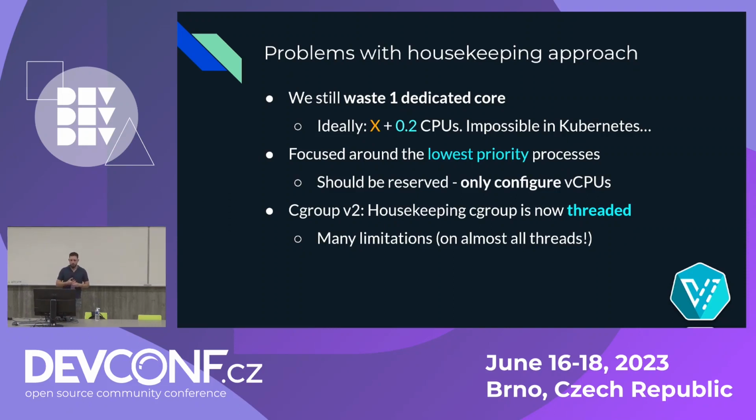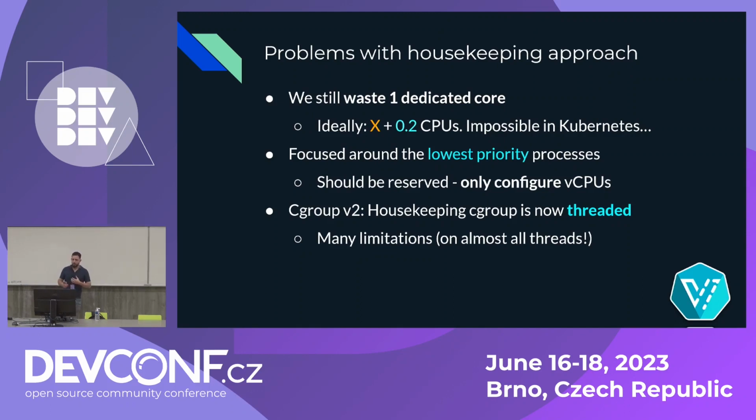Another problem, and the following two problems are more related to design than actually performance, because we're doing something twisted here. We say we need the vCPUs to run on dedicated cores, so we configure every other thread, and it should be reversed. We need to configure only what we care about. We need to configure only the vCPUs and leave everything else as is.